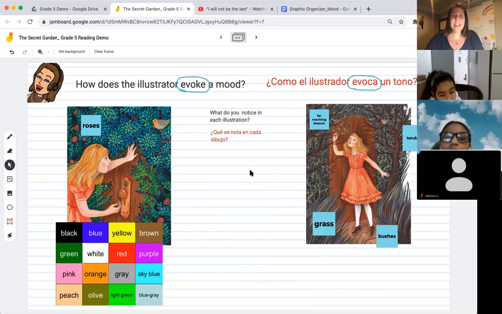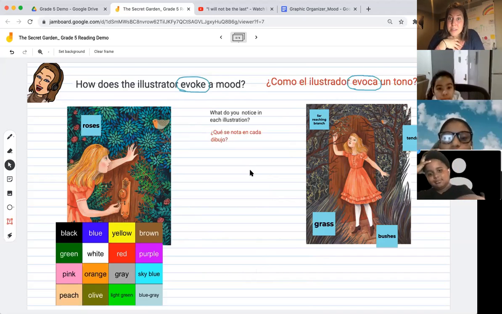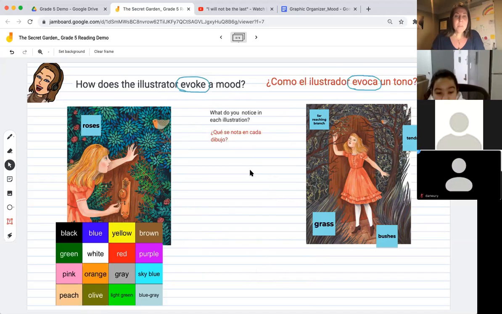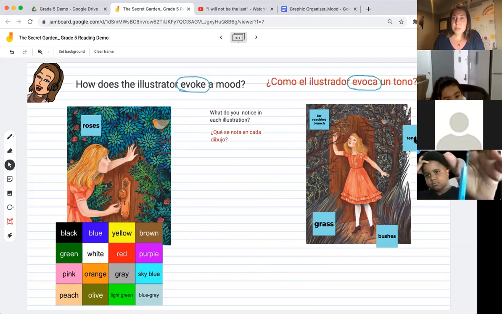Thank you. So we're going to do some studying of these pictures right here to see how the illustrator evokes a mood in us. ¿Cómo es que el ilustrador evoca un tono, a mood, how we feel, all right? And if you notice, I've put some color words down here, and we have some of the garden words on the pictures.